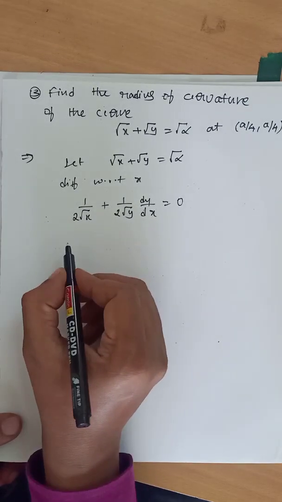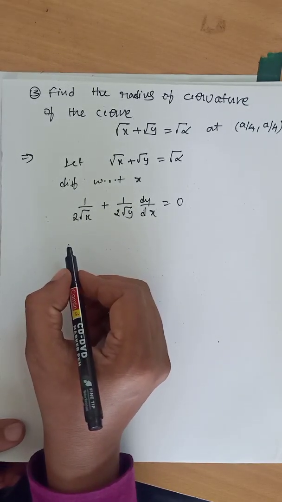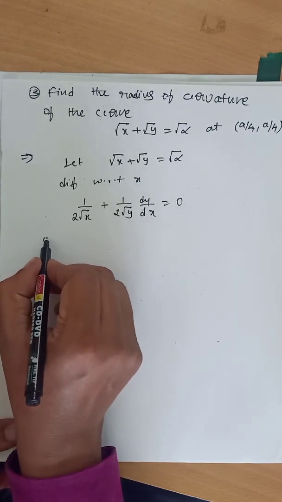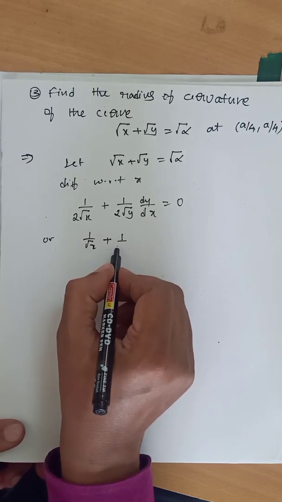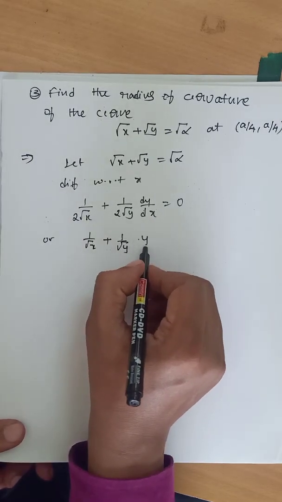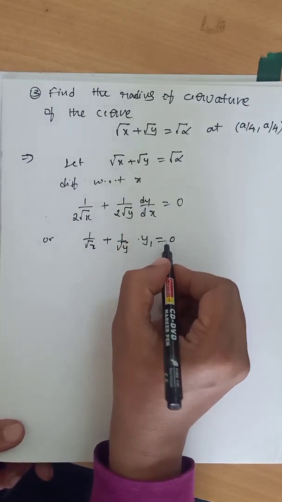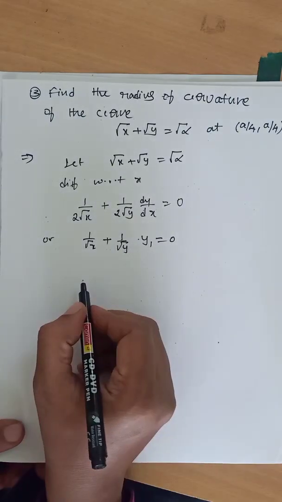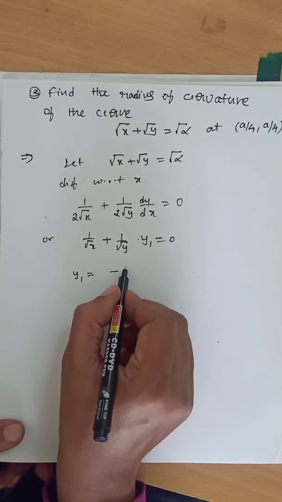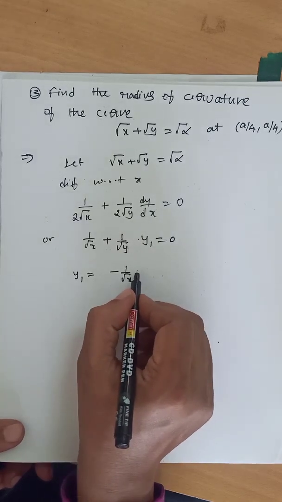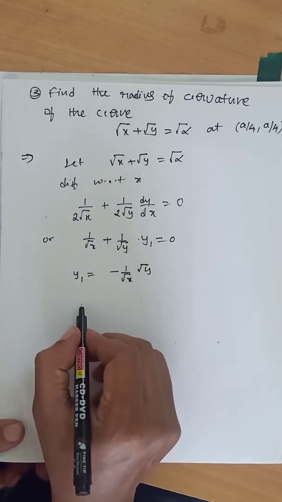So next step, 1 by root x plus 1 by root y into y1, that is dy by dx, equal to 0. Take that side, 0. y1 is equal to minus 1 by root x into root y.